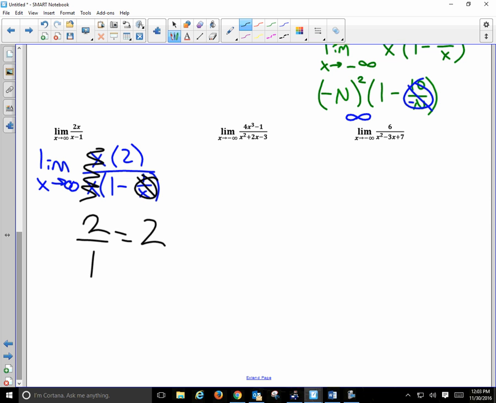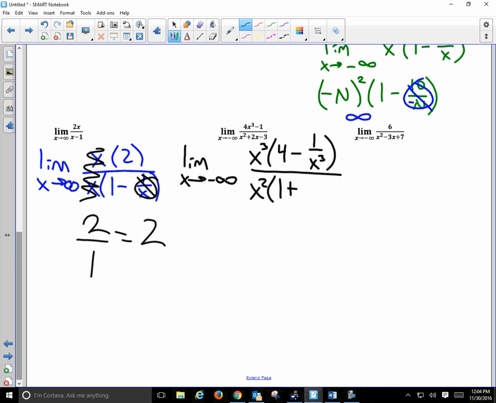On the bottom, you're going to take out x squared, to make an x.